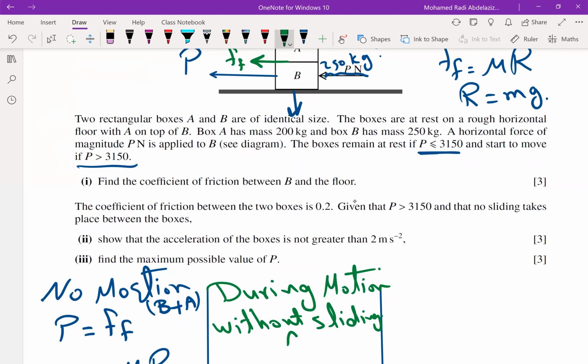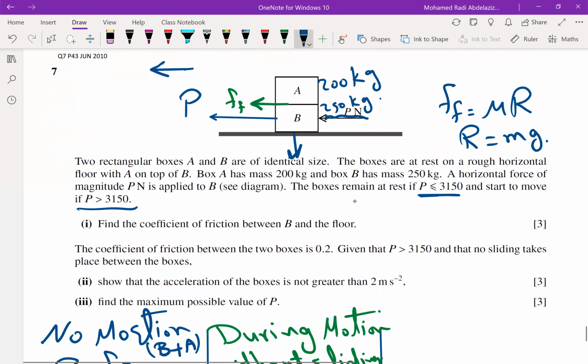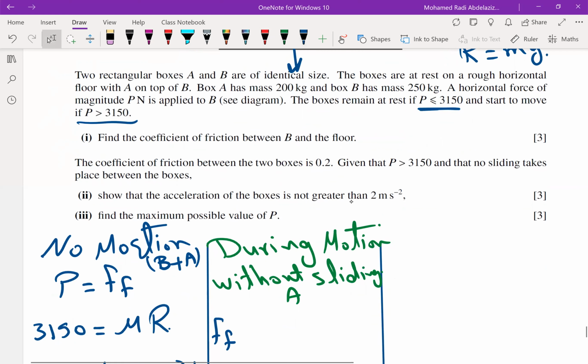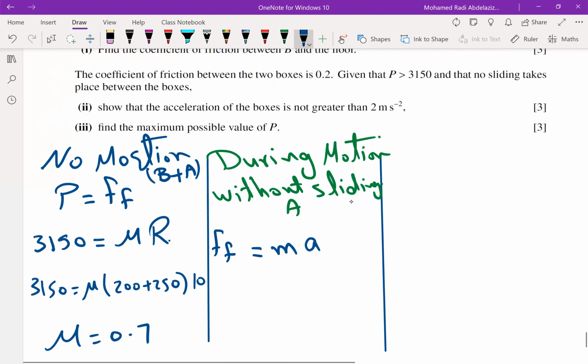So when you write Newton's law for particle A, all the forces in the direction of motion, which is the frictional force, minus all the forces in the opposite direction, is equal to ma. I'm talking about particle A.